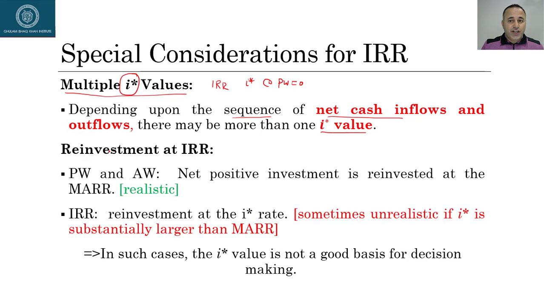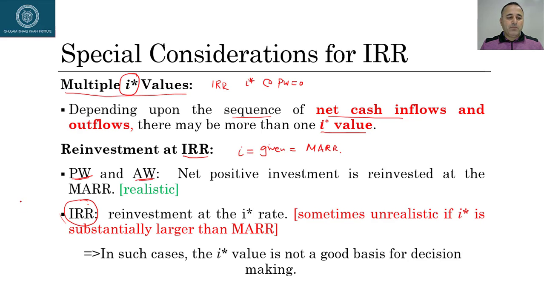The other consideration for IRR is the reinvestment at what we call IRR. So present worth, annual worth, I is given. And that I is normally the minimum attractive rate of return. But let me give you an example. Suppose instead of PW and AW, I'm going for IRR as my project evaluation and selection tool.